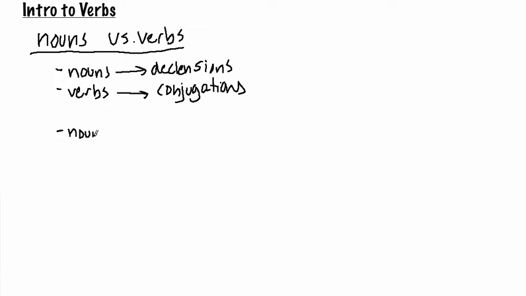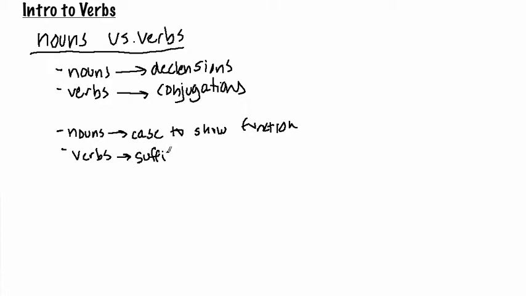So nouns use case to show function. Verbs don't use case, but verbs use the ending of the word to show what its function is. So verbs use suffixes or endings.